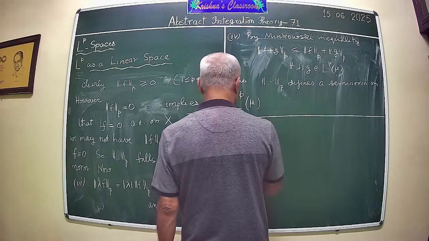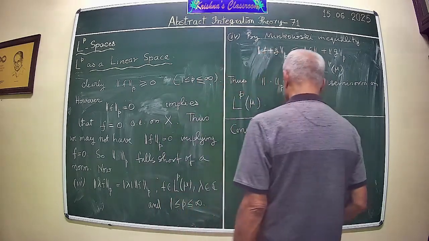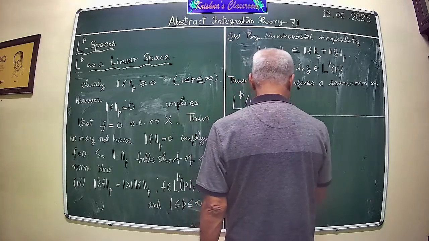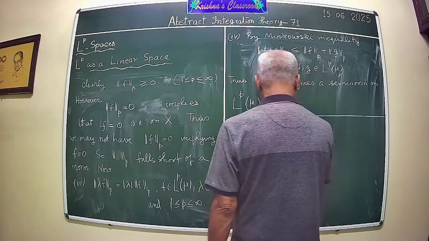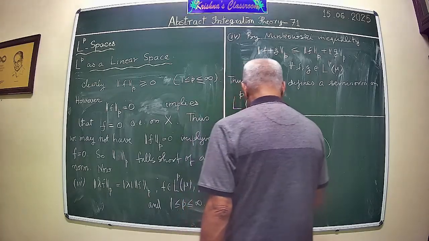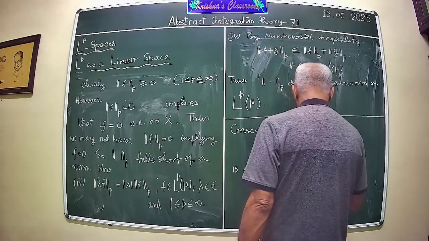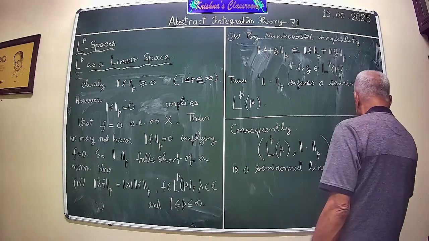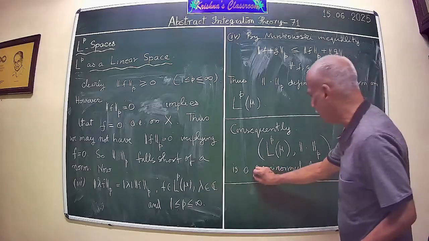Consequently, the space L^p(mu) is a semi-normed space.